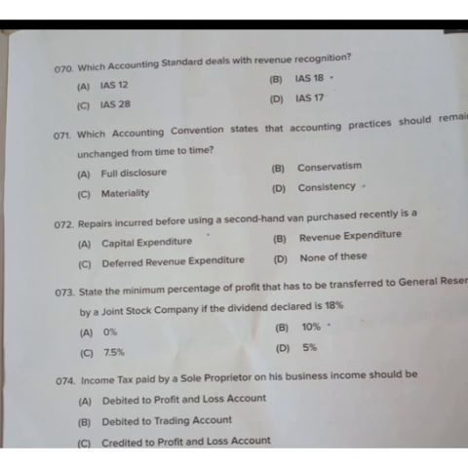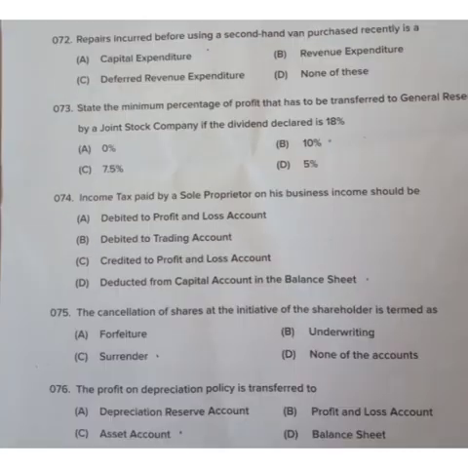State the minimum percentage of profit that has to be transferred to general reserve by a joint stock company if the dividend declared is 18%. Answer: 7.5%. 74. Income tax paid by a sole proprietor on his business income should be deducted from capital account in the balance sheet.